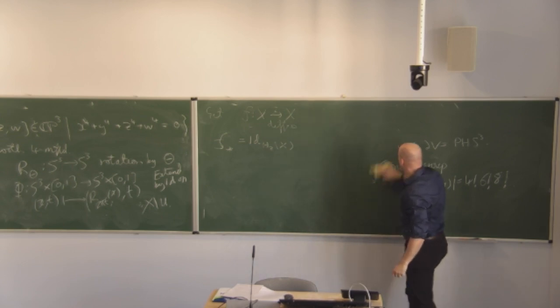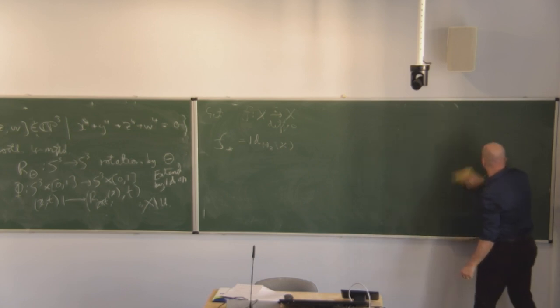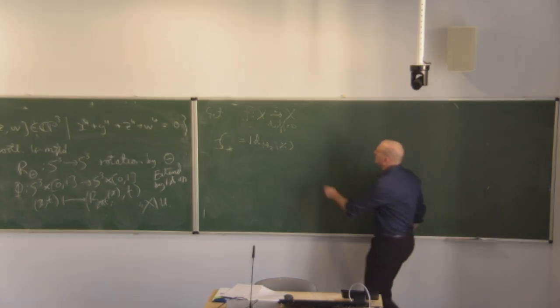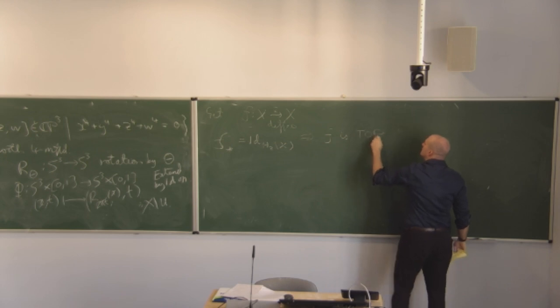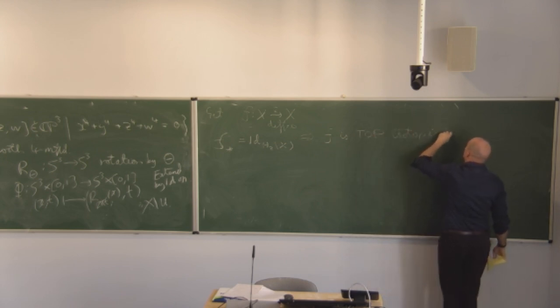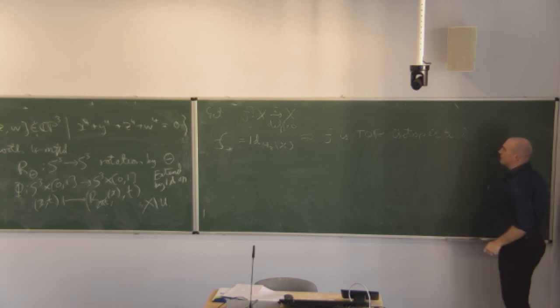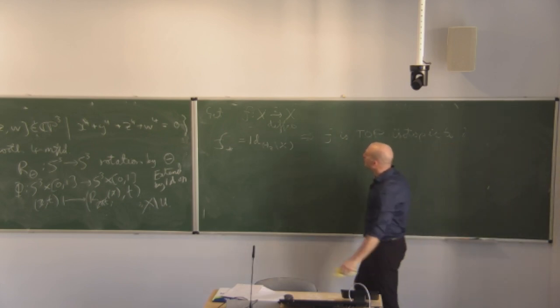So that implies that F is therefore topologically isotopic to the identity. If it's trivial in pi_0, then there's a path of homeomorphisms from F to the identity map. In other words, there's an isotopy.